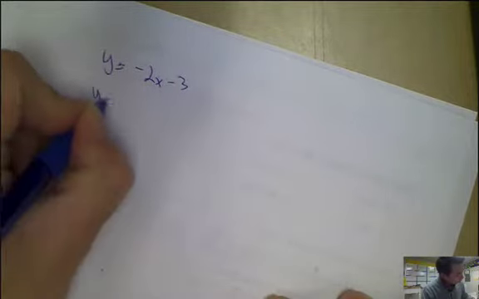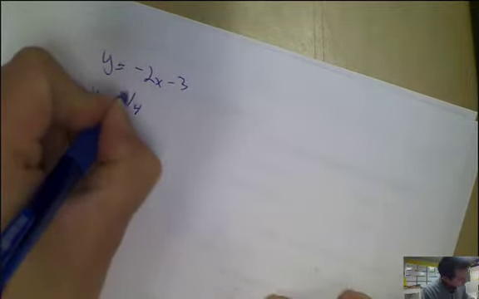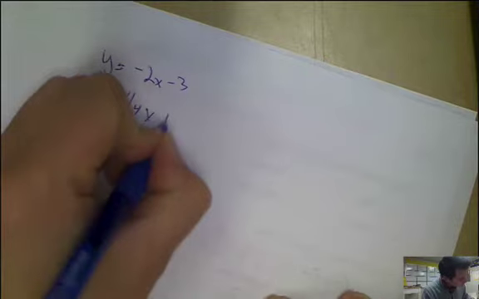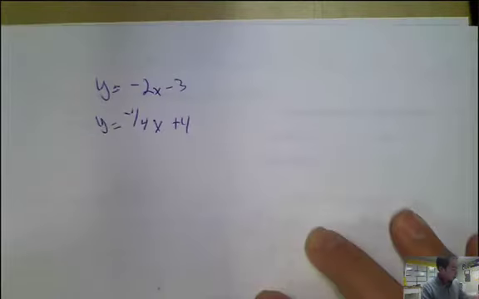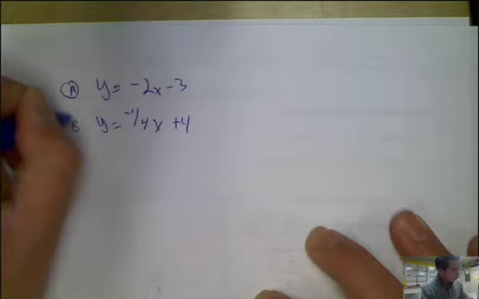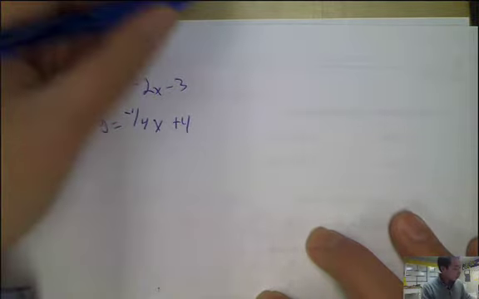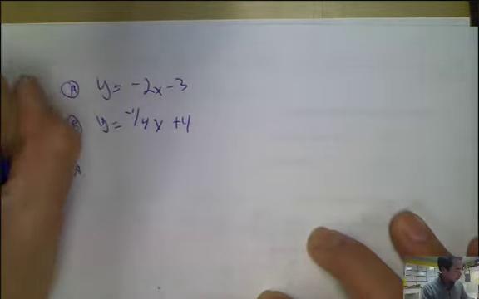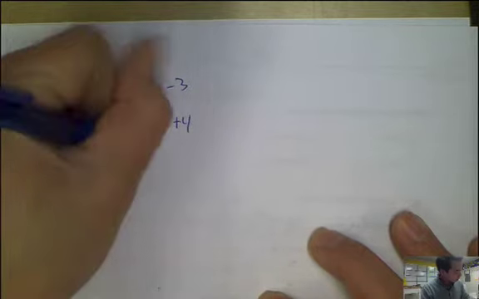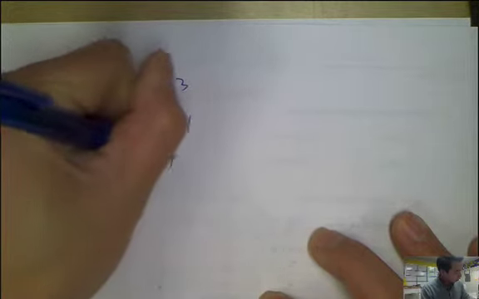So I have y is equal to negative 2x minus 3, or y is equal to negative 1/4 x plus 4. I'm going to go ahead and choose A because there's no fractions in there. I'm going to put in y is equal to negative 2 times negative 4 minus 3.